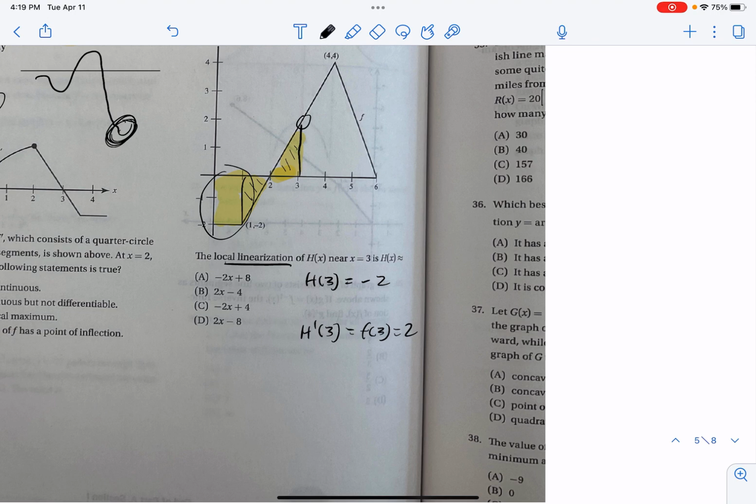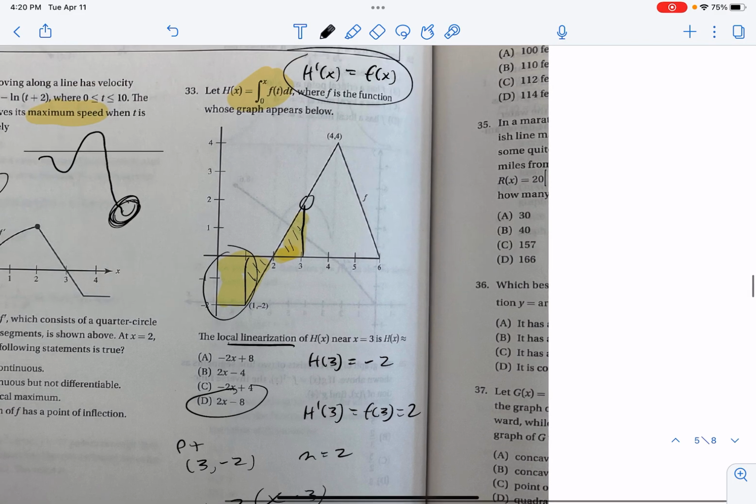So our tangent line, the local linear approximation, has a point at (3, -2), and it has a slope of 2. Y minus the known y coordinate equals slope times x minus the known x coordinate. If we rearrange things, that's y equals 2x minus 8, which is D.